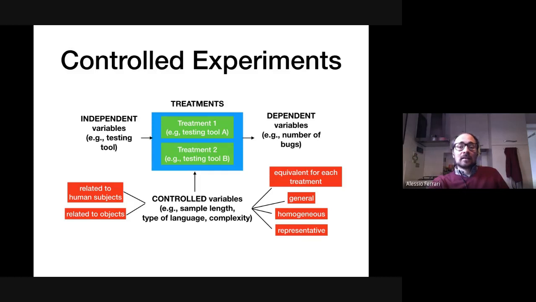And very often, especially if the control variables are many, you end up dealing with the need to constrain some dimension. We will see an example later on.